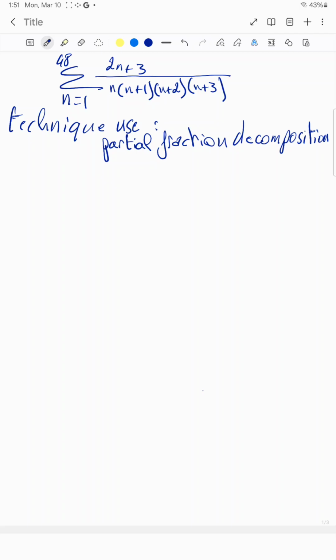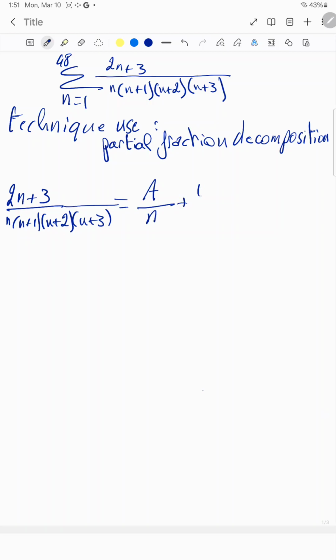That sum, I can write as (2n + 3) divided by n times (n + 1), (n + 2) times (n + 3) is equal to a divided by n plus b divided by (n + 1) plus c divided by (n + 2) plus d divided by (n + 3).